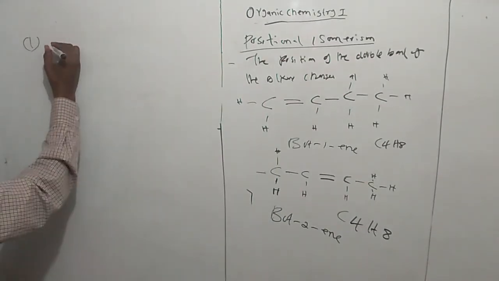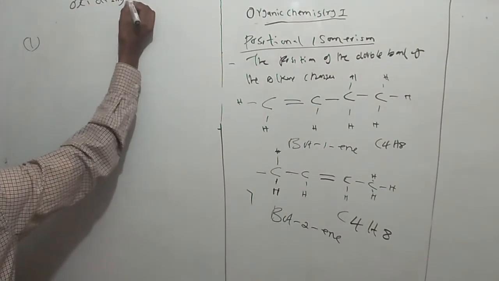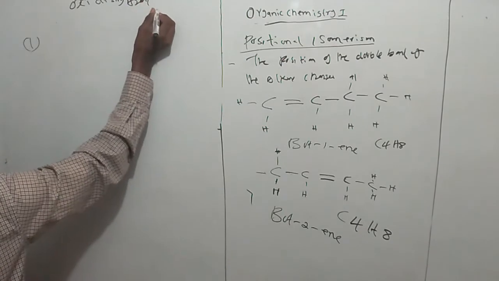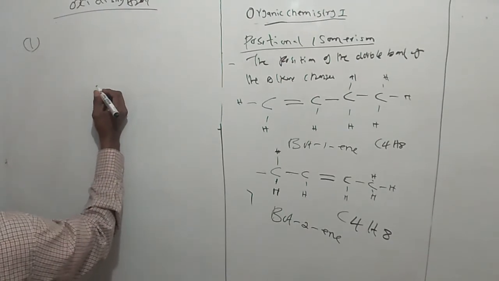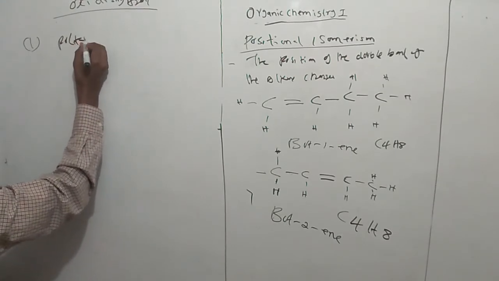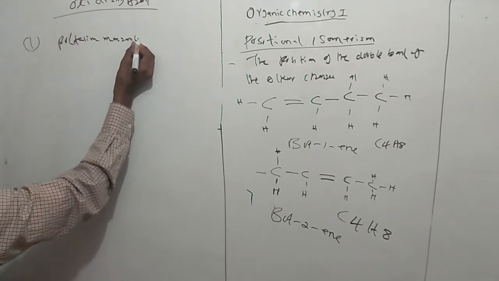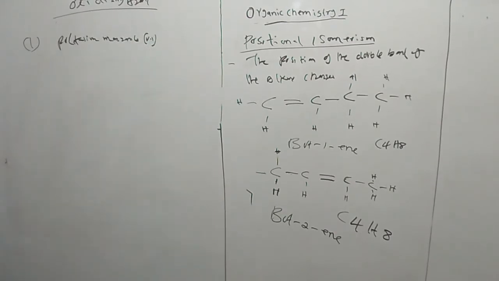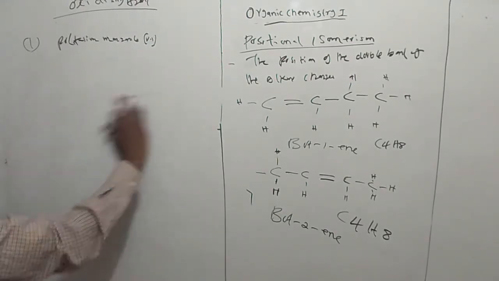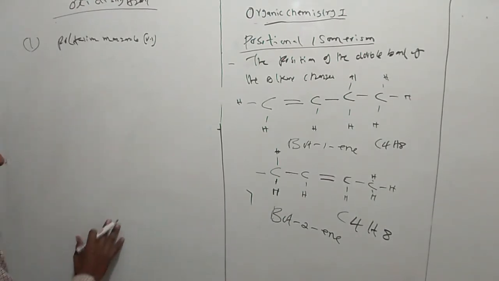The first case you can use here, you can talk about the oxidizing agent. You can have potassium manganate 7. Remember, these alkenes are not like alkanes.